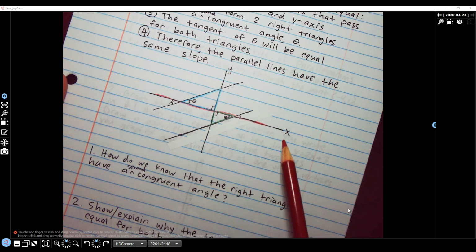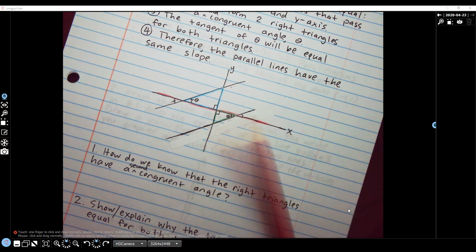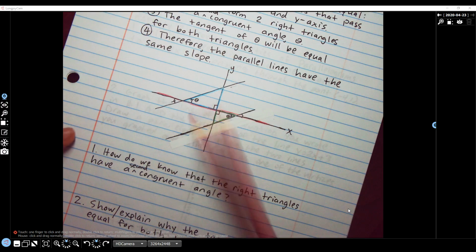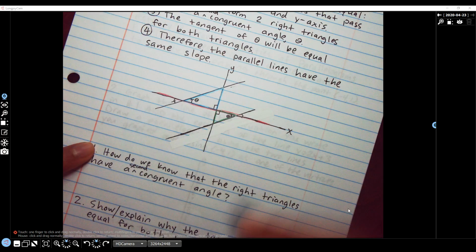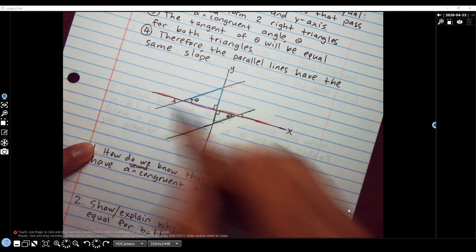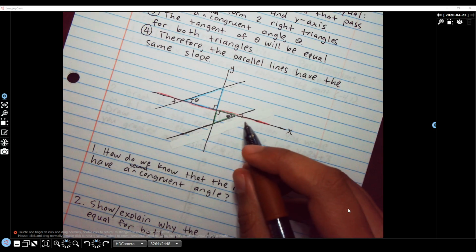So I want you to pause the video and try to think to yourself, like what does this theorem tell us about the angles that would be congruent here? All right, so when we have two parallel lines cut by a transversal, there are a pair of angles called alternate interior angles, which are congruent.